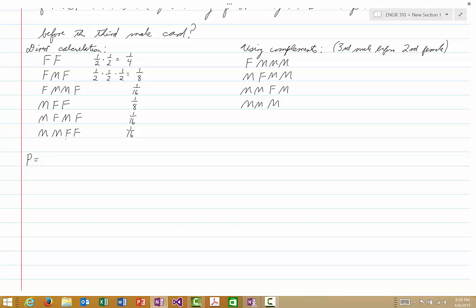And so now if we add all those probabilities together, 1/4 is the same as 4/16, and 1/8 is the same as 2/16. And then we have 1/16, and this 1/8 is 2/16, and then 1/16 and 1/16.